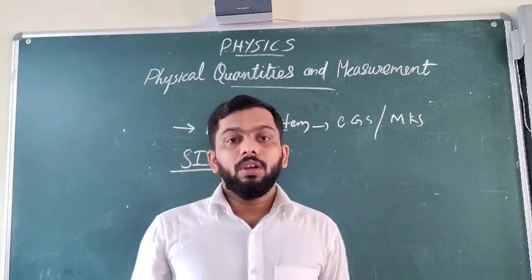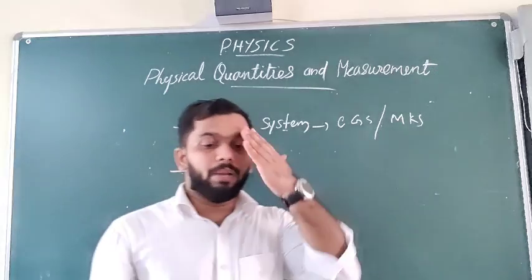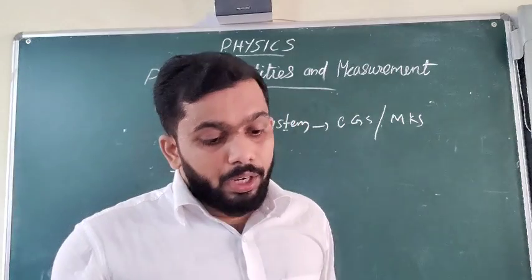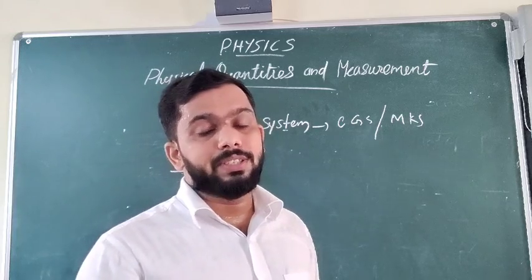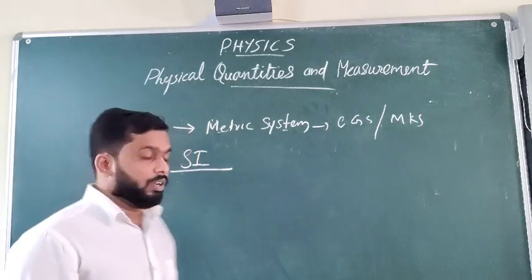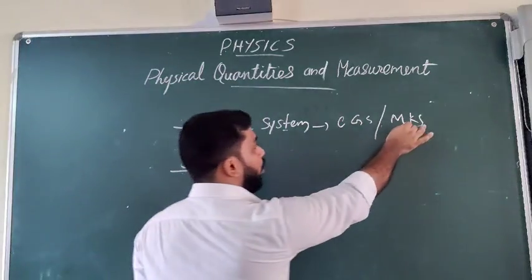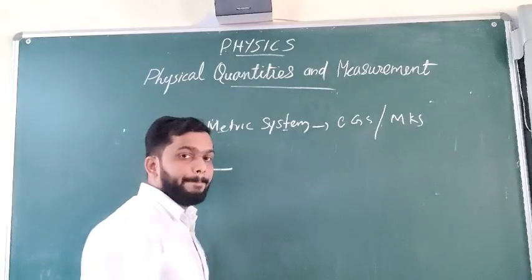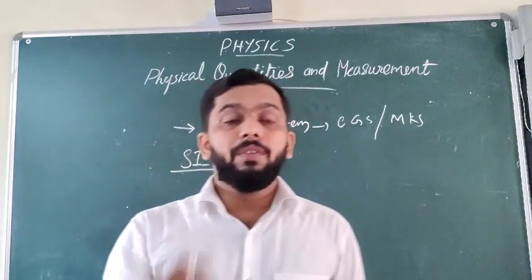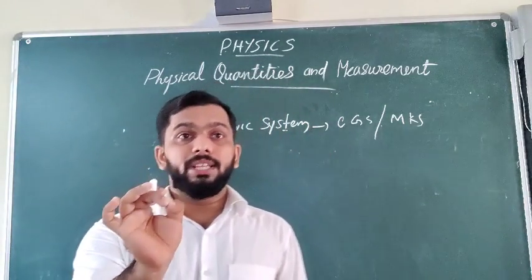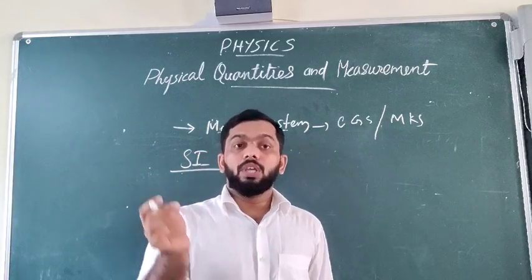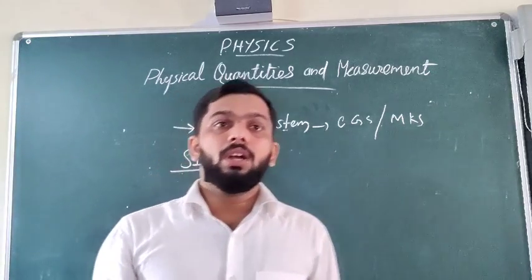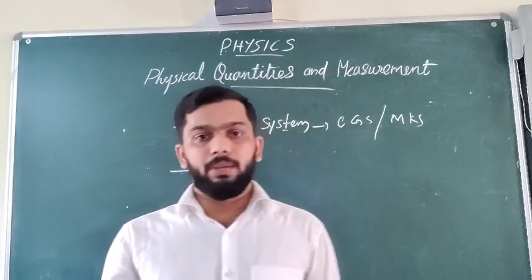During the 20th century, the MKS system became more popular than the CGS system. Why? In the CGS system, we measure length in centimeters and mass in grams. 1 meter is equal to 100 centimeters.